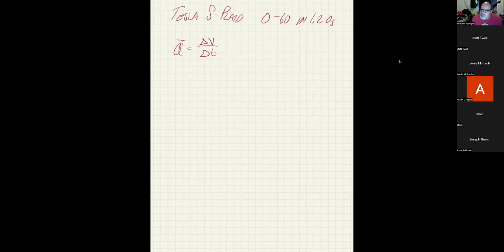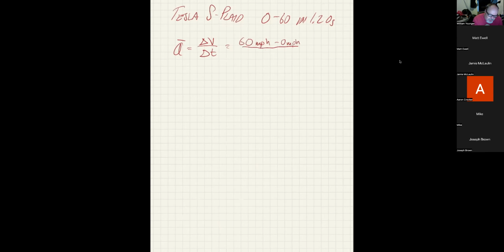That looks just like the average velocity, which was delta X over delta T. So we're going to say this went 60 miles per hour minus 0 miles per hour. Remember, whenever you see this triangle in front of that V or in front of that T, that triangle means change in. It's supposed to say, hey, when you see me, write final minus initial unless your teacher tells you otherwise.